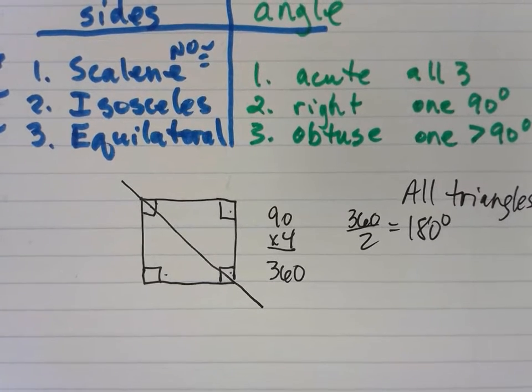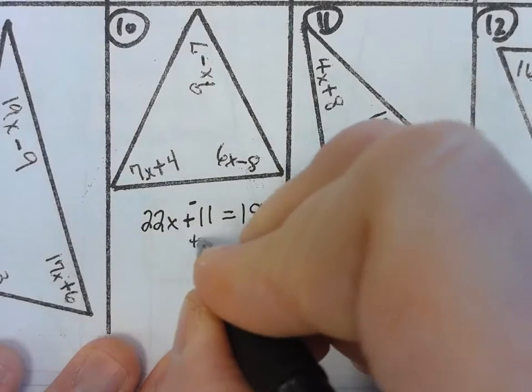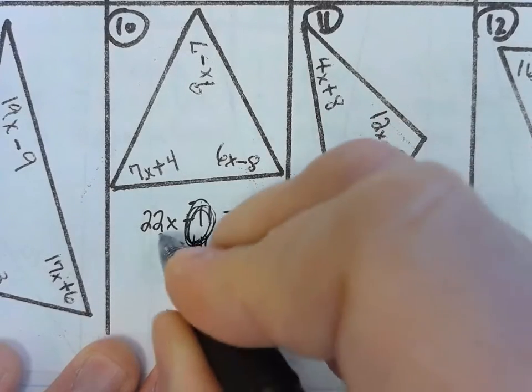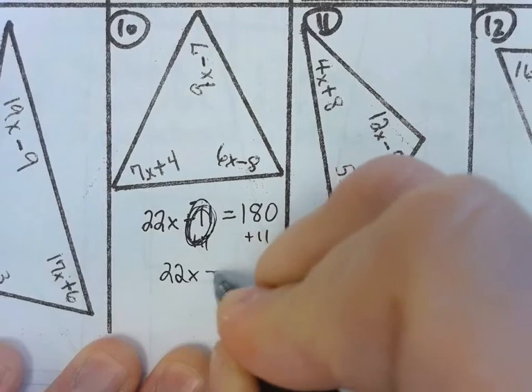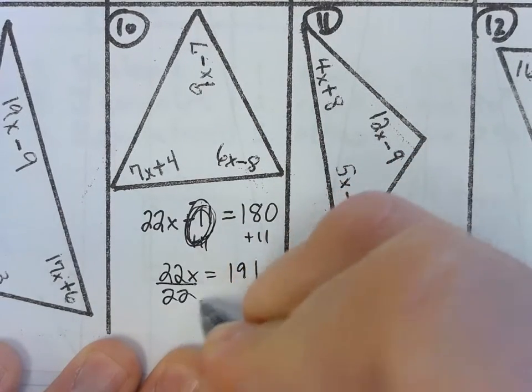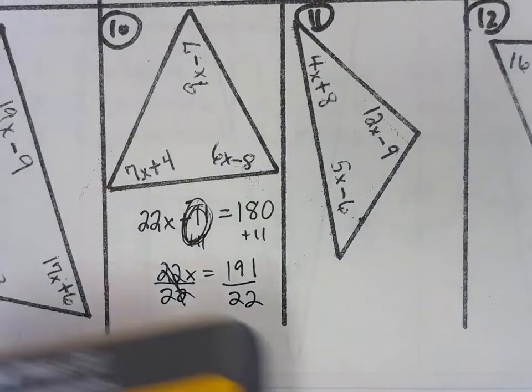Alright, back to our triangle work here. So I've got 22x minus 11, so now I'm going to add 11. Over here I'm going to add 11. These, of course, make a zero pair. I now have 22x equals 191. I'm going to divide both sides by 22. I am going to go to the nearest hundredths place.